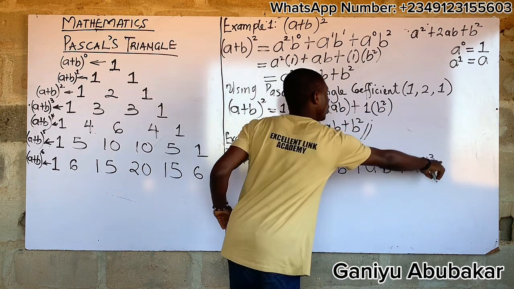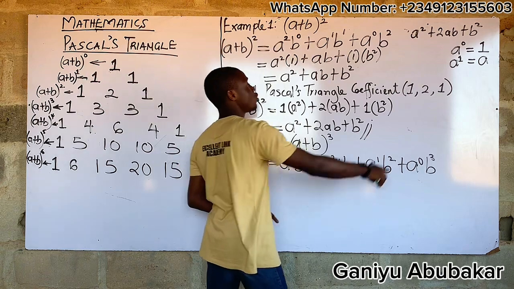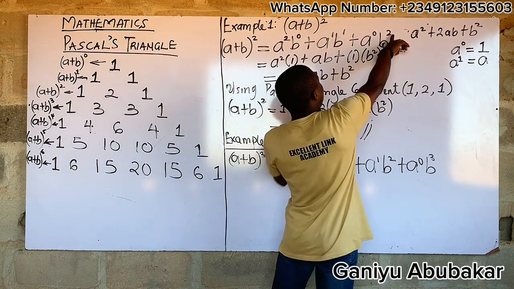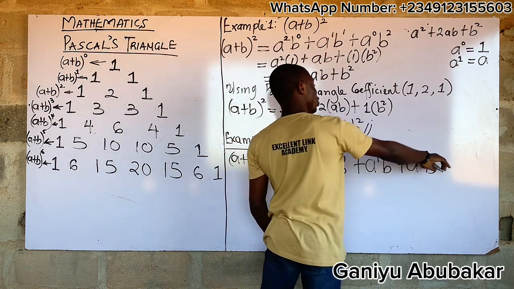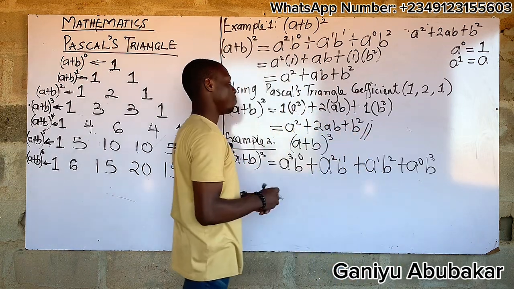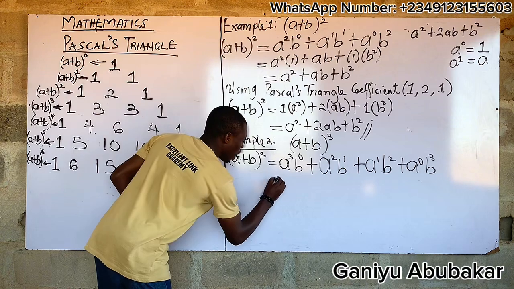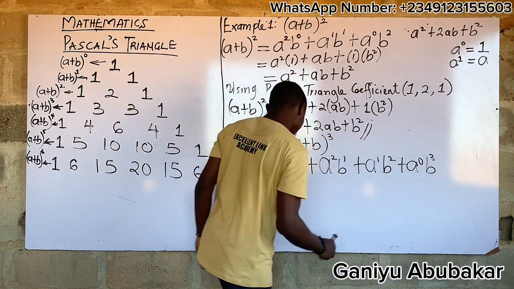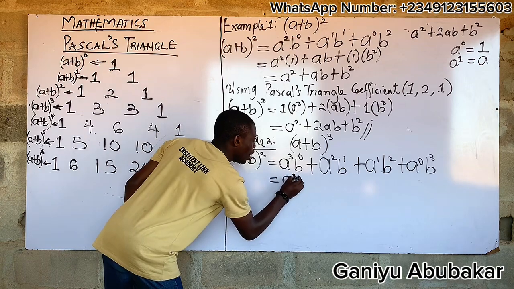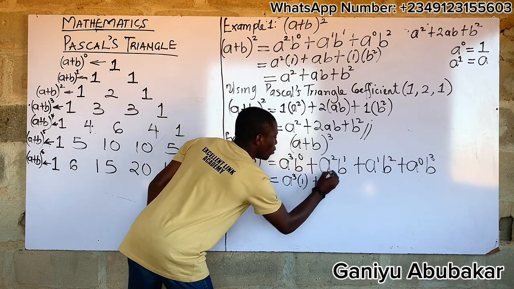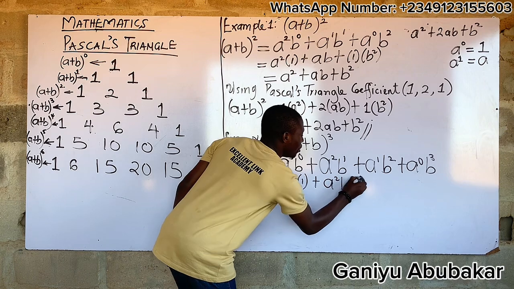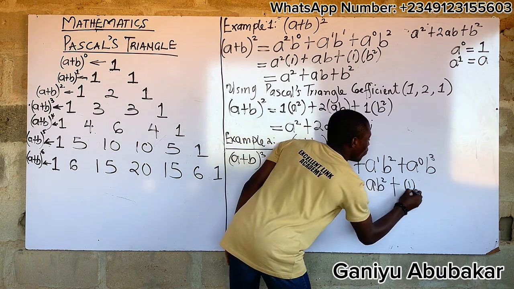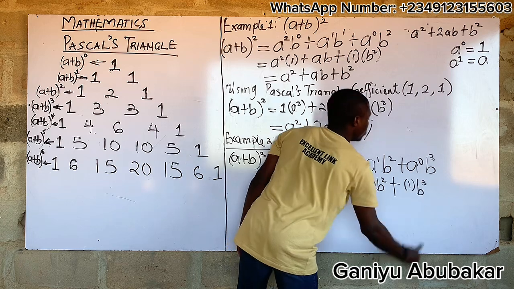So I'll stop at this cube and cube here. This is squared and squared, I'll stop there. So what's the next task? My next task now is I apply this concept here. So this becomes a cube times 1 plus a squared b plus ab squared plus 1 b cube.